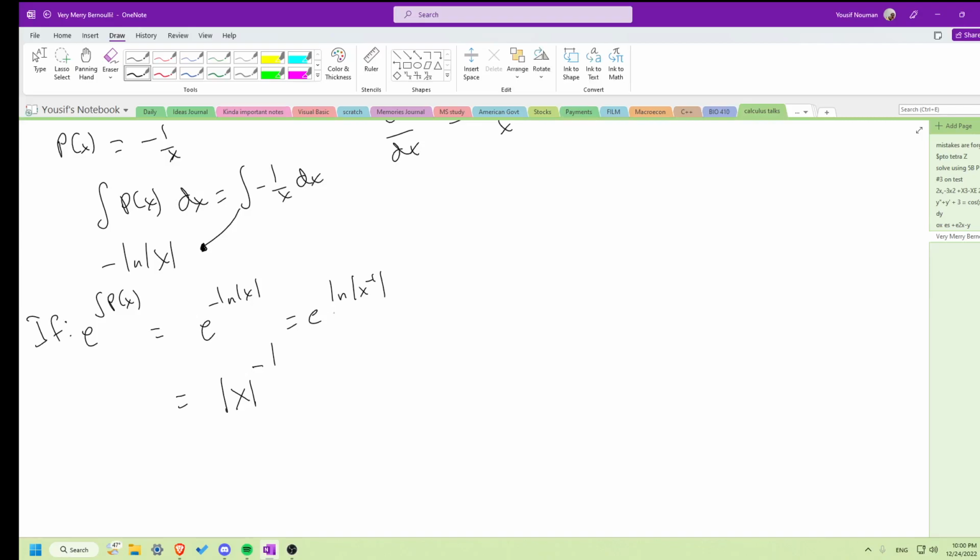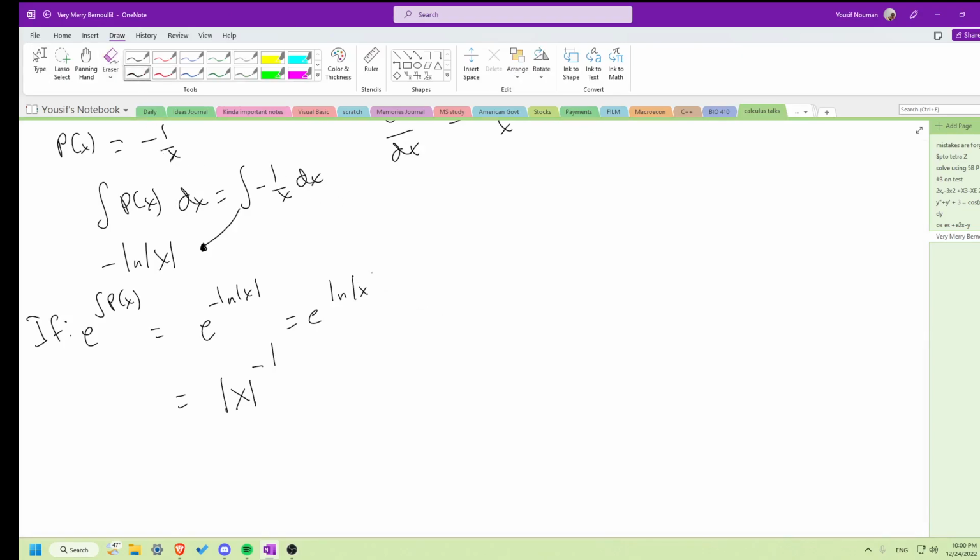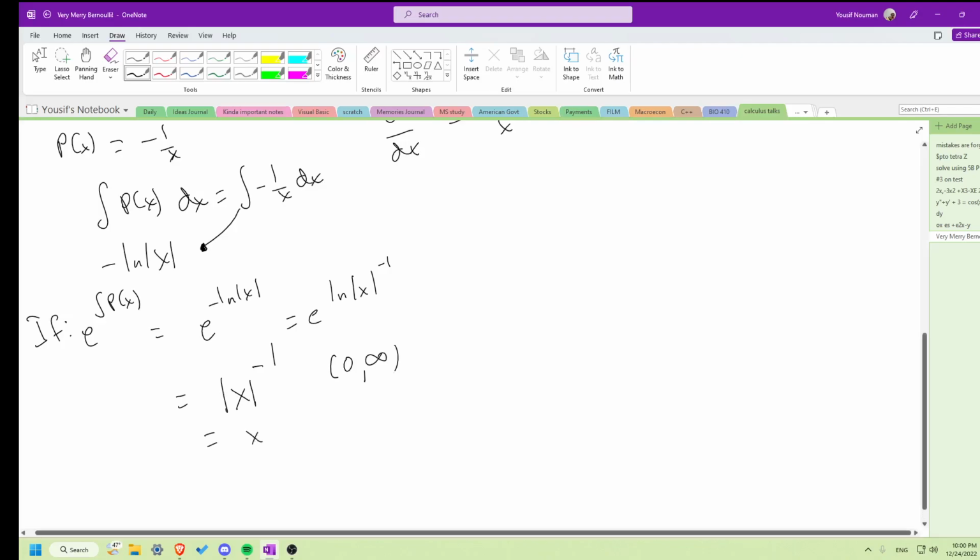Well, sorry, not exactly that, but rather like that. And in that case, we could just give an interval of 0 to infinity, and we could just go ahead and say it's x to the negative 1 to make our life easier.